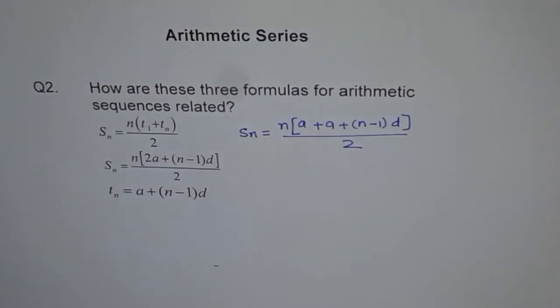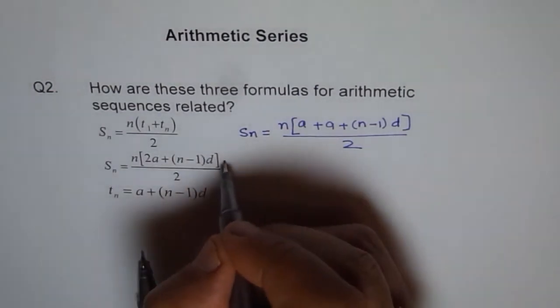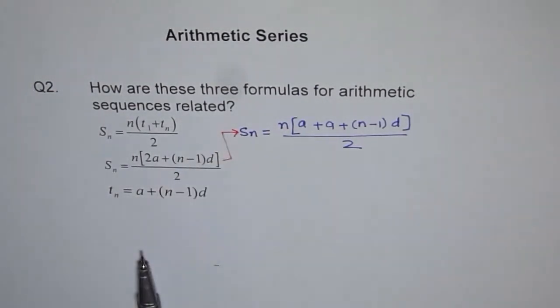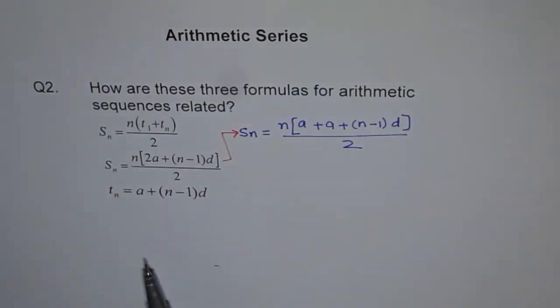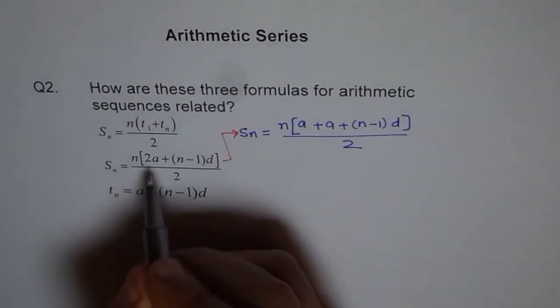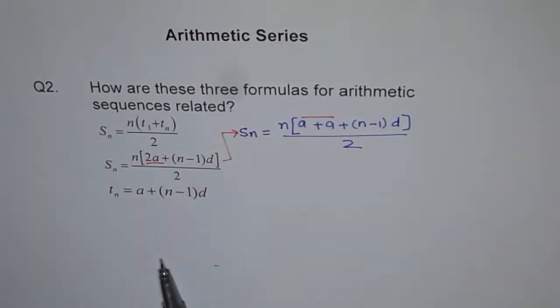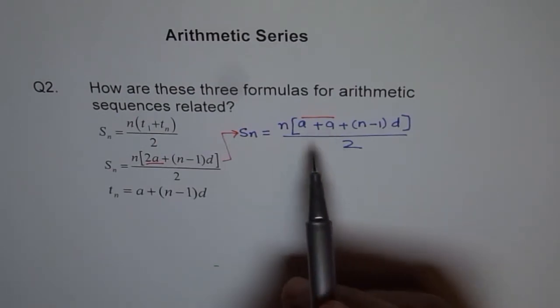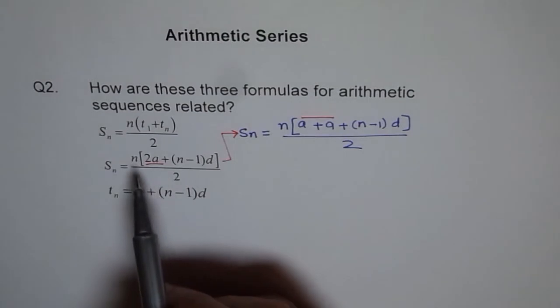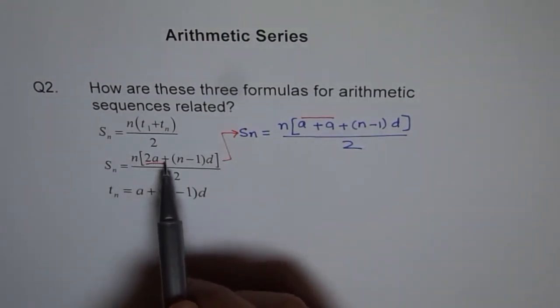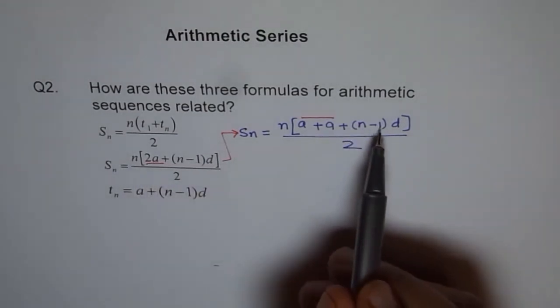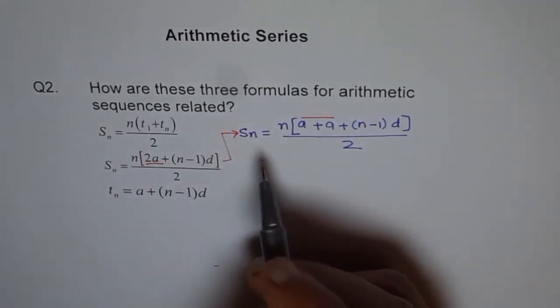Do you see that? I have just rewritten this formula. The only thing I did was, instead of 2a, I wrote a plus a. 2a is a plus a. Perfect. No magic, it's general maths. So n times (a plus (n minus 1)d)... that's my second formula, right?